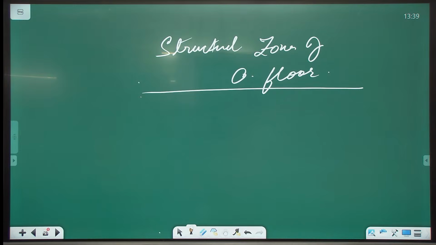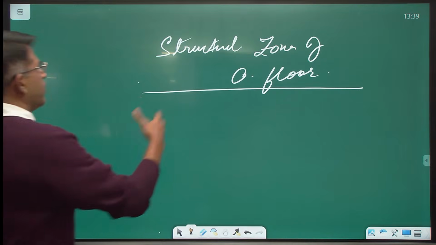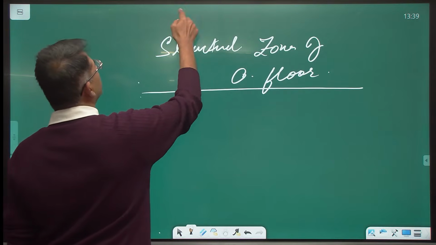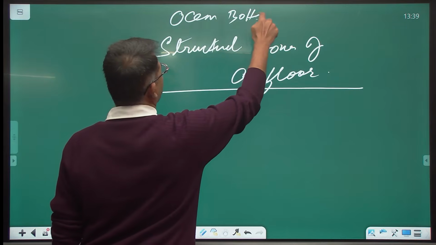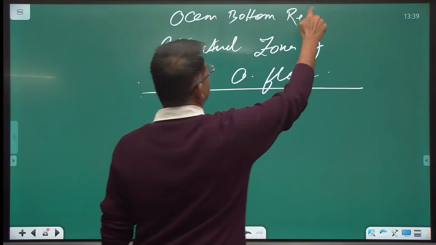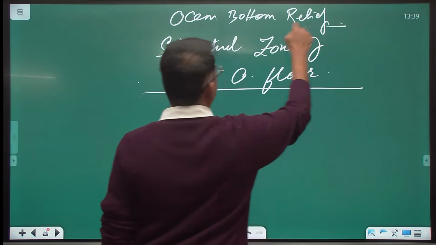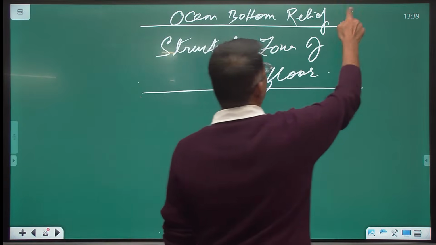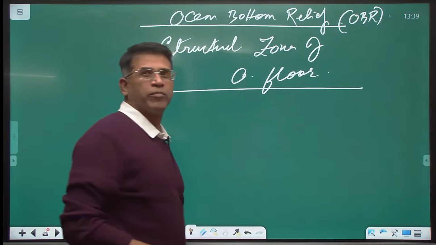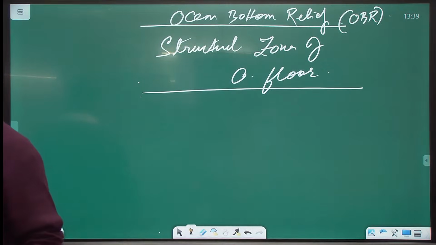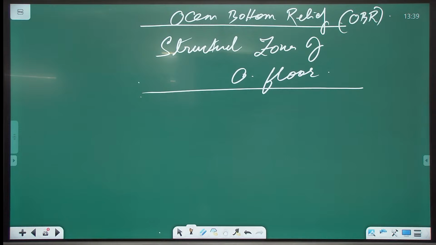Now I'm entering proper, okay, this is starting off with what's called as ocean bottom relief. In short, we may also call this as OBR. It's a very popular question, optional maybe, and also in your GS. The ocean bottom relief, the structural zones of the ocean floor.